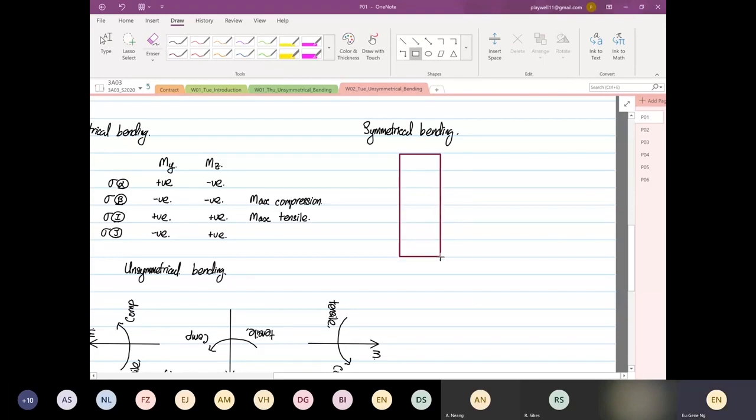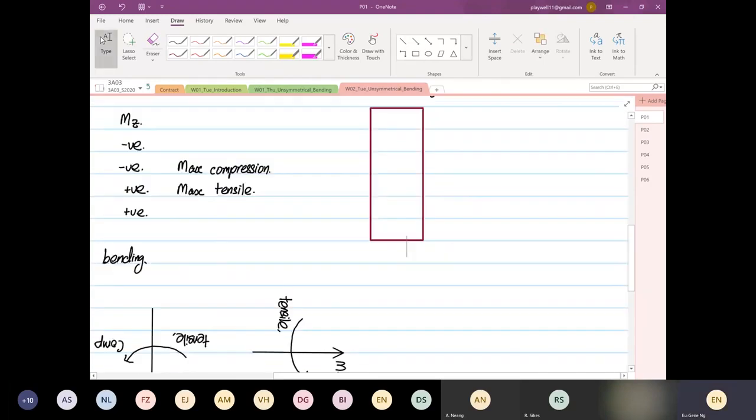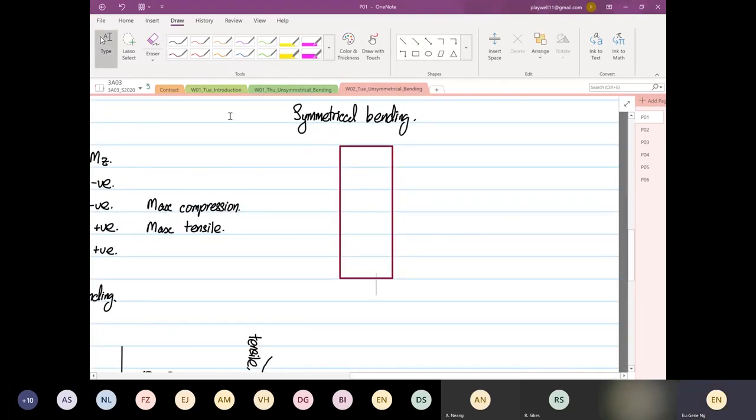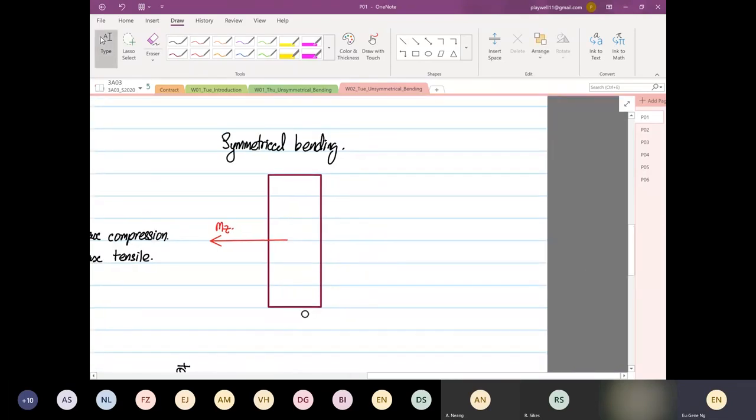I think you guys already know. In symmetrical bending, you only have a moment vector in one direction. So for this case, this is our only moment.